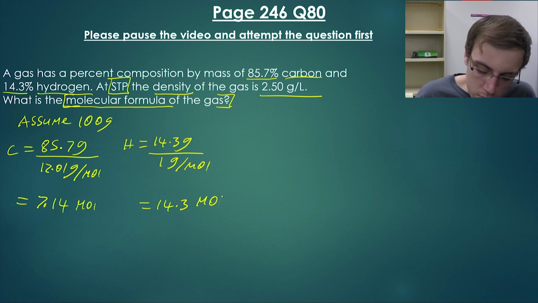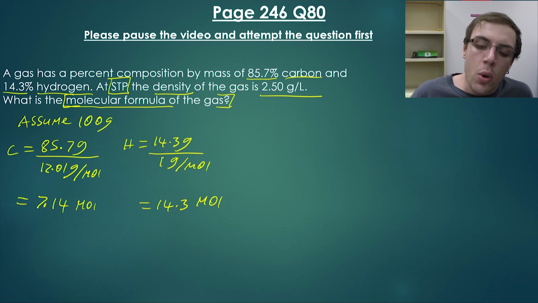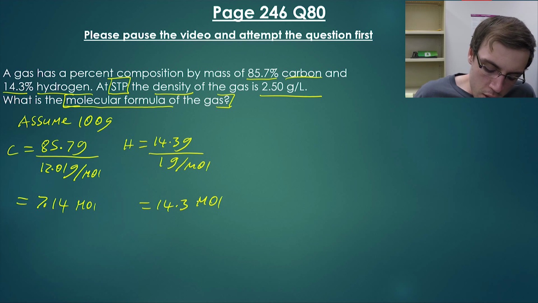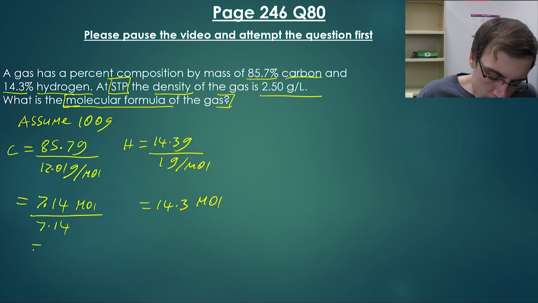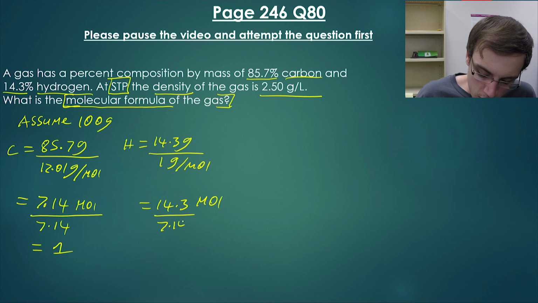And hydrogen, we get 14.3 divided by 1, which means we're going to get 14.3 moles. So what we do now is we divide each of these by the lowest molar amount. So 7.14, 14.3, it's clearly our carbon. 7.14 divided by 7.14 is equal to 1, and 14.3 divided by 7.14 is going to equal 2.